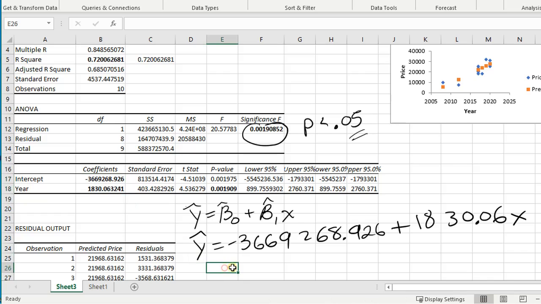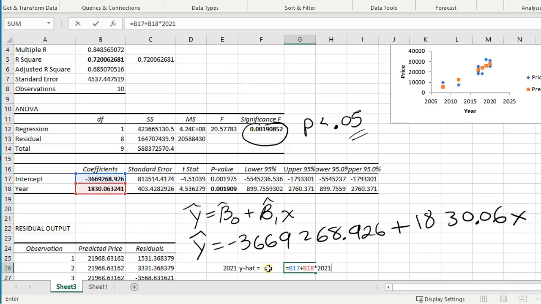All right, so let's talk about that. Say for example the year was 2021, so next year. Let's predict a price of a vehicle next year. So y hat, the predicted value, equals, instead of typing this all out and risking mistyping it, I'm just going to click on that coefficient, plus, click on that coefficient, times 2021.